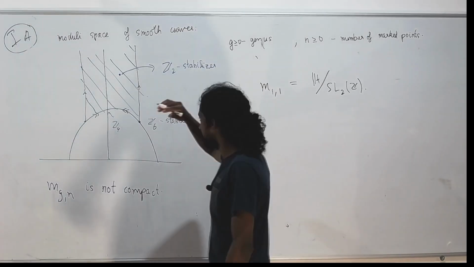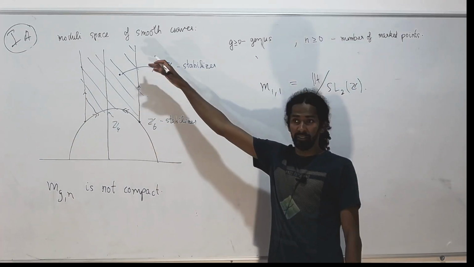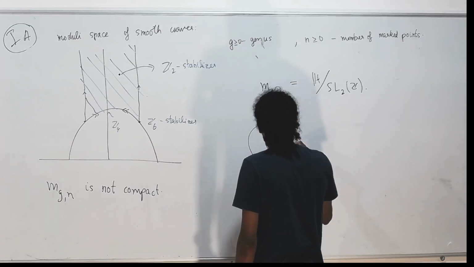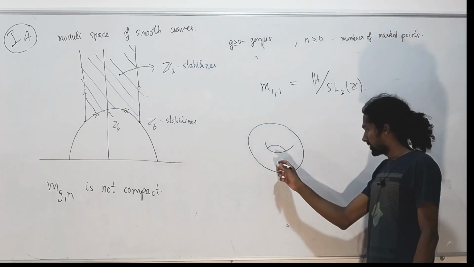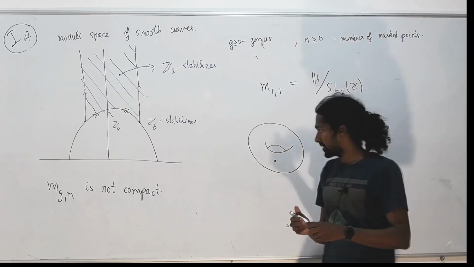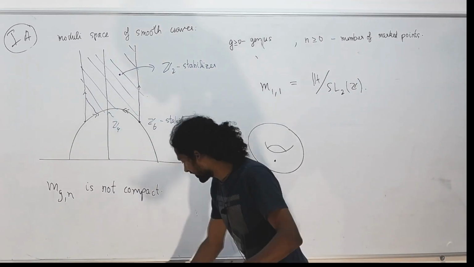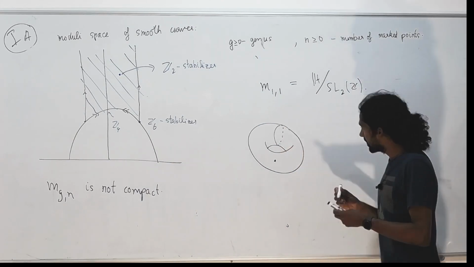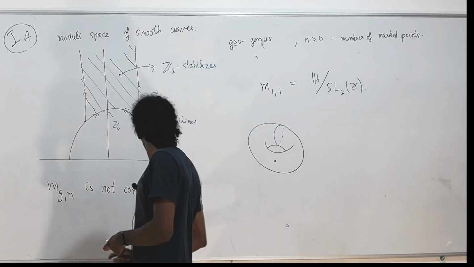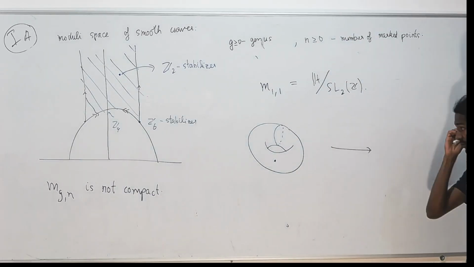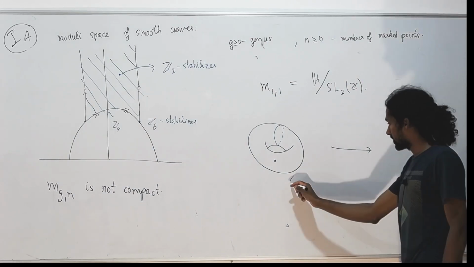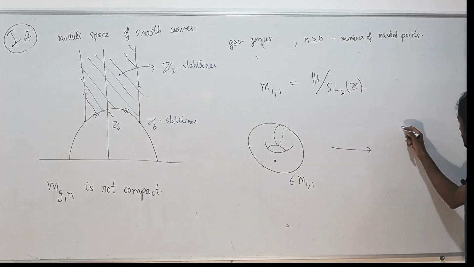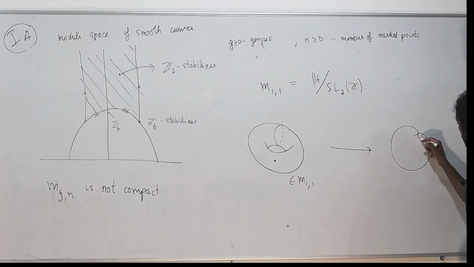Let me draw a cartoon picture of why this is not compact here in M11. Generally I have an elliptic curve, nice and smooth, a nice donut, and I have a marked point. Then I take one of these cycles and pinch it. Take the limit, so this is a nice thing in M11, and I pinch it, and I get something that looks like that.